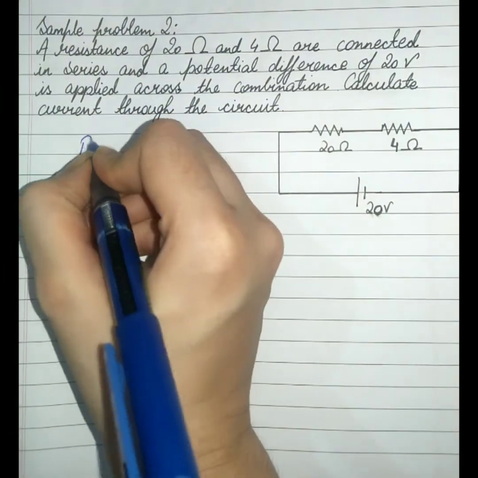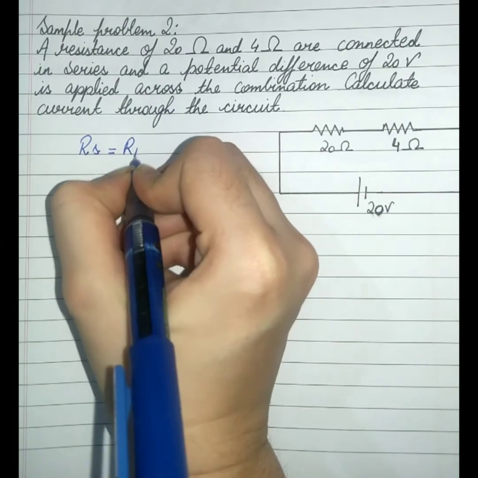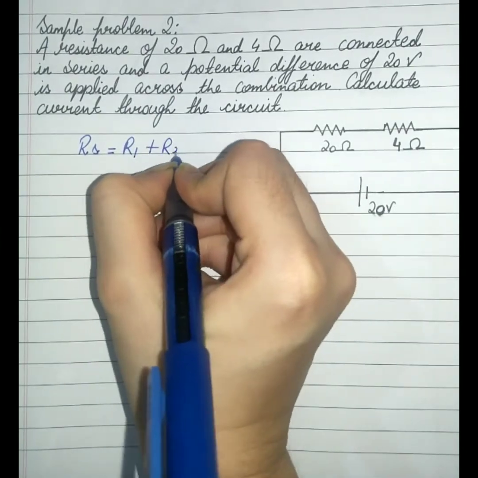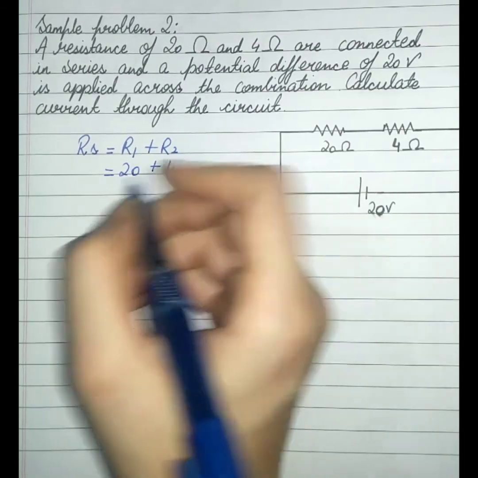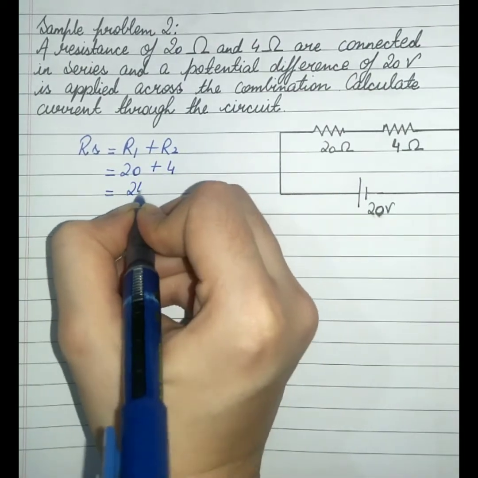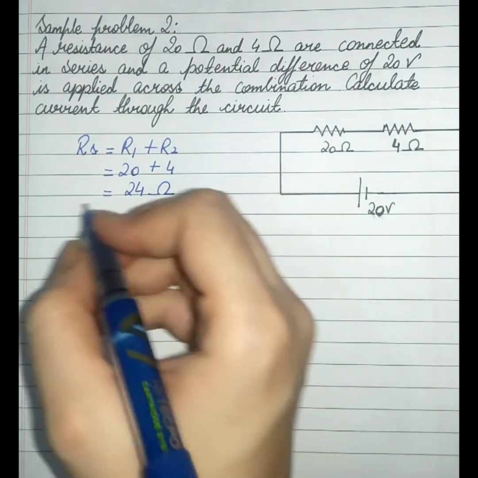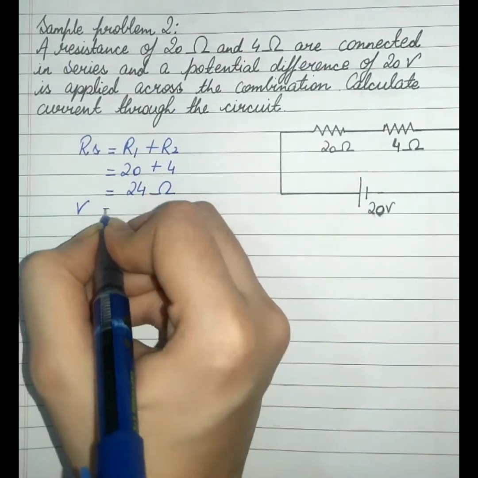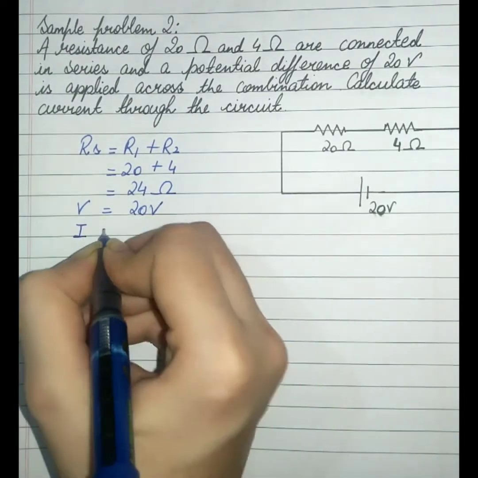What would be the resultant resistance? The resultant resistance would be R1 plus R2, that is 20 plus 4, or 24 ohm. This is our R, and we know V is given to us, that is 20 volts. We need to calculate I.